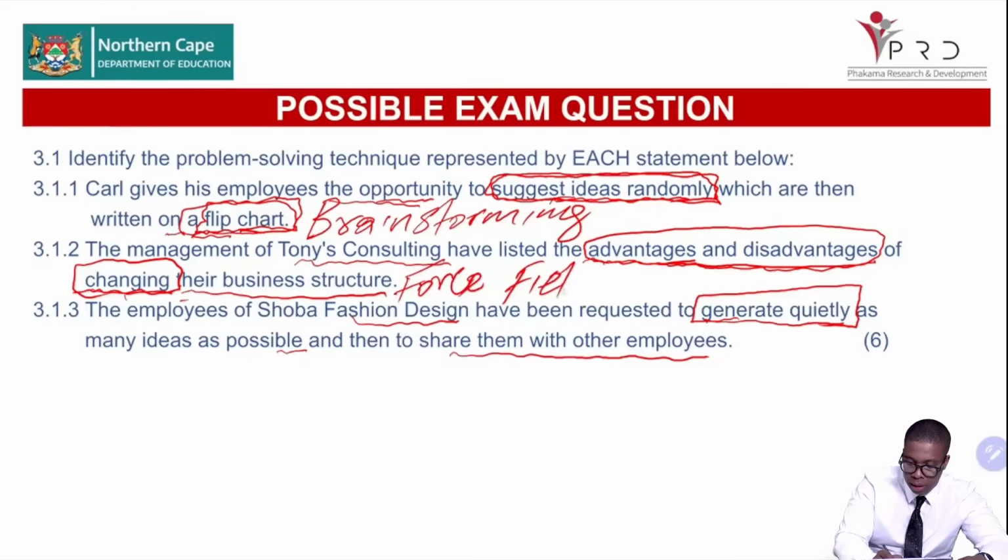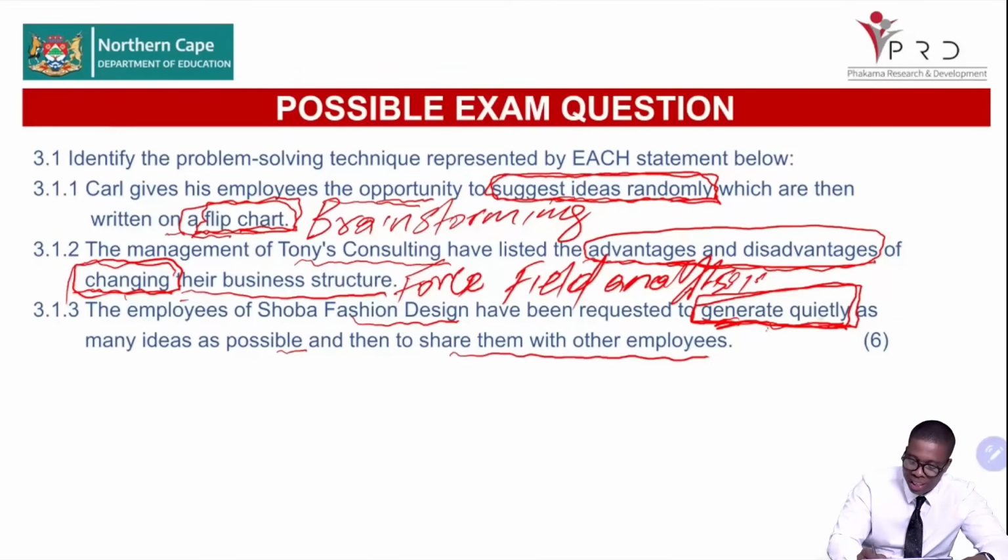force-field analysis. Now, that is a problem-solving technique that is used when the business wants to change. Then another one is when employees are asked to generate quietly. Immediately you see the words generate quietly, immediately you see silent brainstorming.